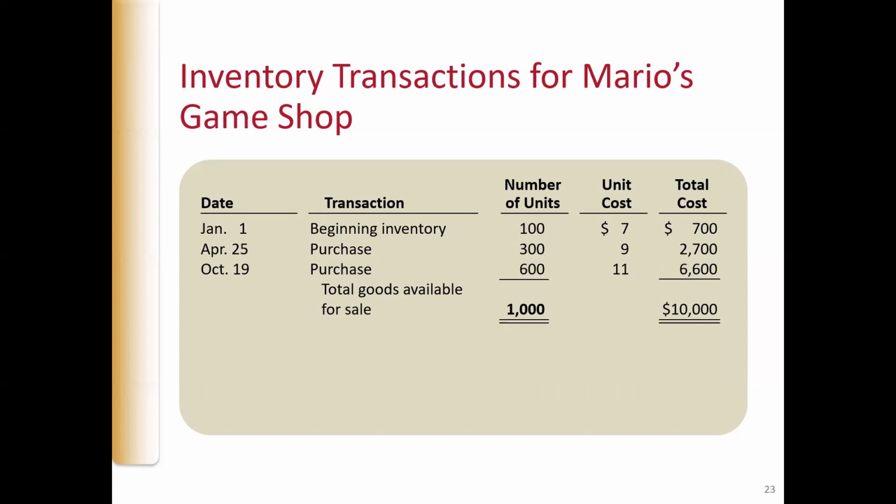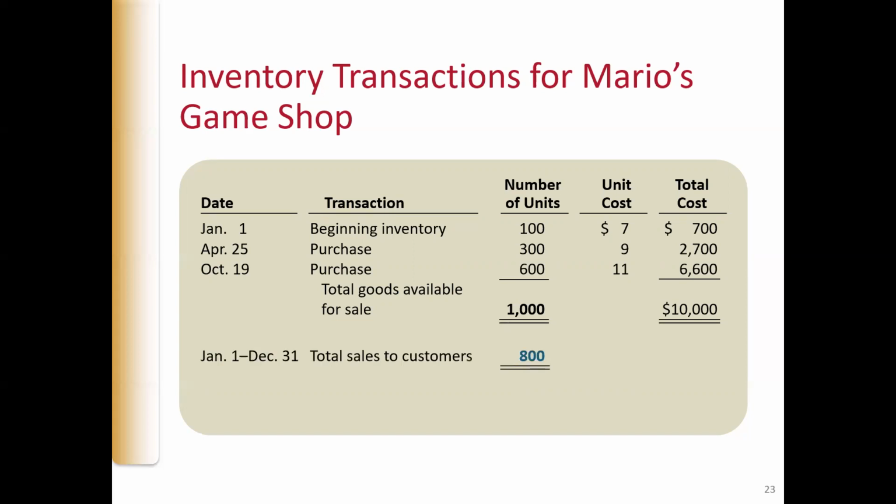But as you see, they're all different costs. So the first 100 units are cost at $7 per unit. The next 300 are at $9 a unit. And then on October 19th, that one is at $11 per unit. So we have 1,000 units at a total cost of $10,000. Does that make sense?